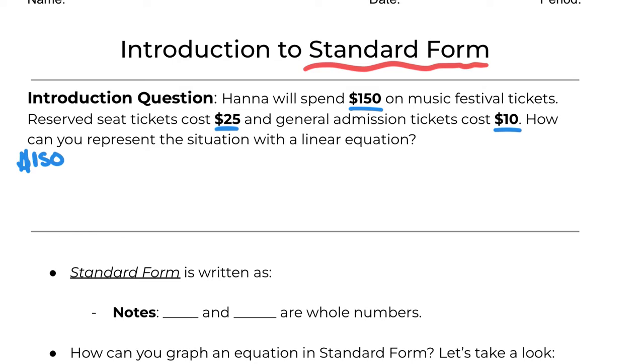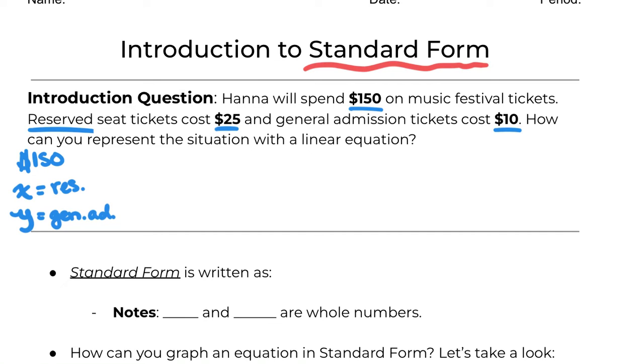So let's say the reserved seat tickets for $25 will be assigned the variable x, and the general admission tickets, we can use y for.